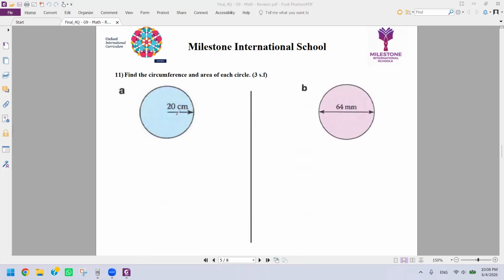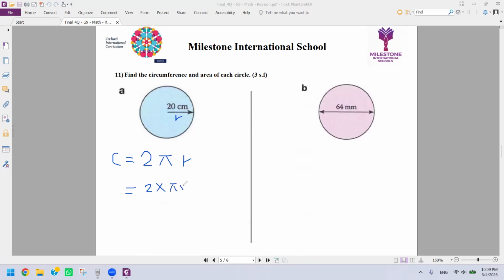Now here, what is given? R is given. So I will use C equals 2 pi r. When I say 2 pi r, it means 2 times pi times r. Let's write the answer directly. What is r? R is 20.